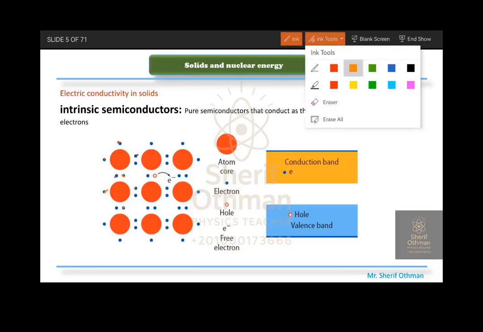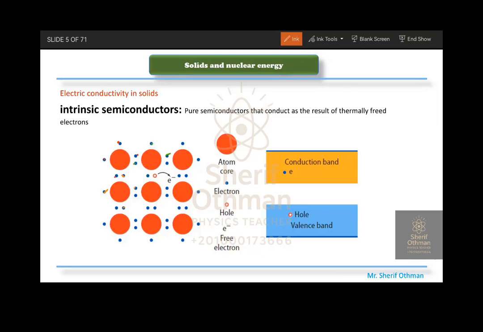So, when an electron moves from one atom to another atom, it's going to leave something called a hole in its place, which makes this atom unable to remain with a shortage in electrons. So it's going to borrow an electron from the neighboring atom to overcome this loss.